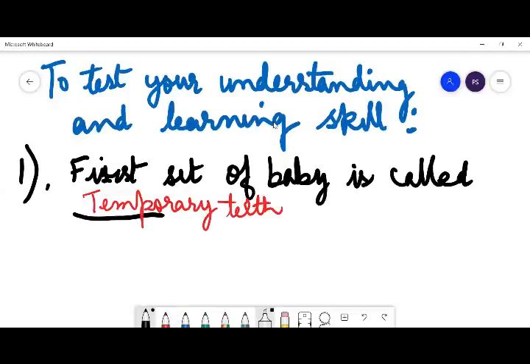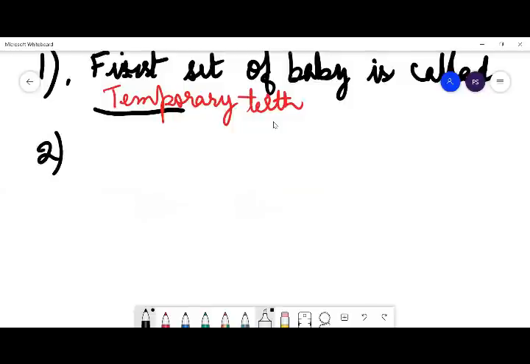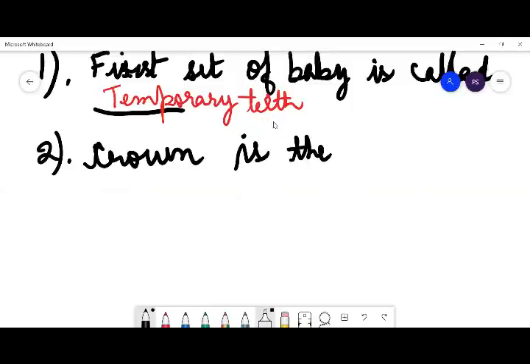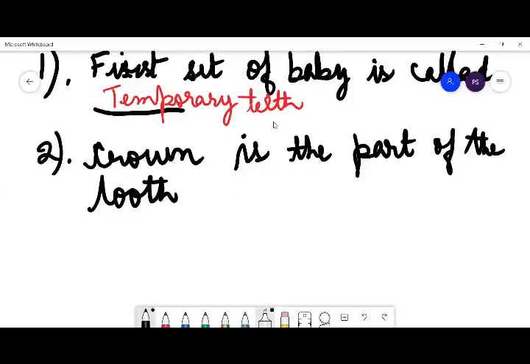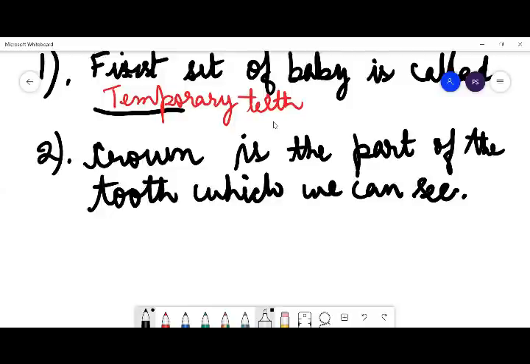Now the next question is, crown is the part of the tooth which we can see. Is it true or false?